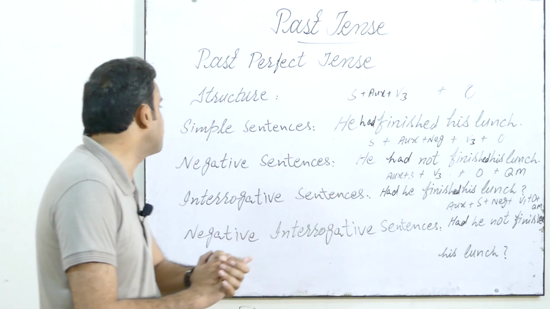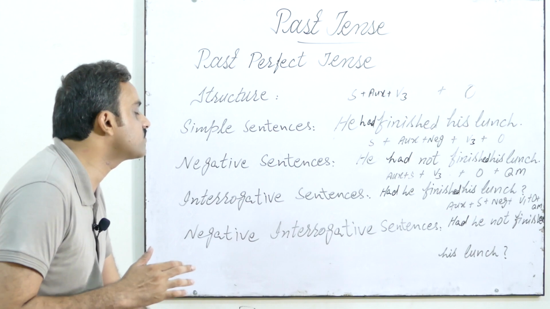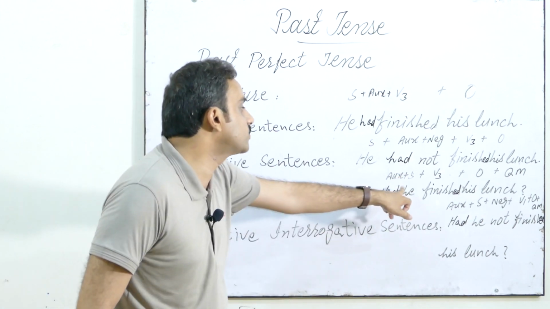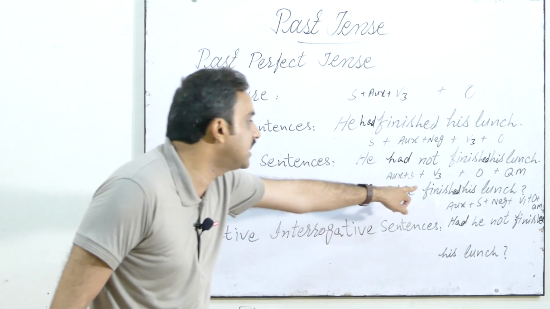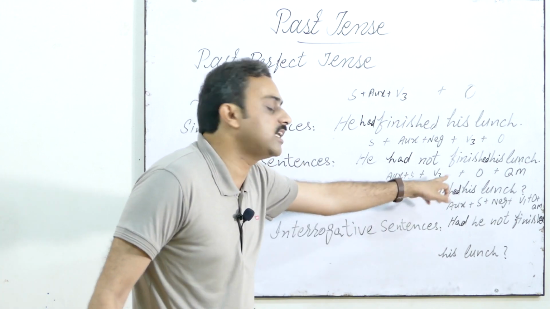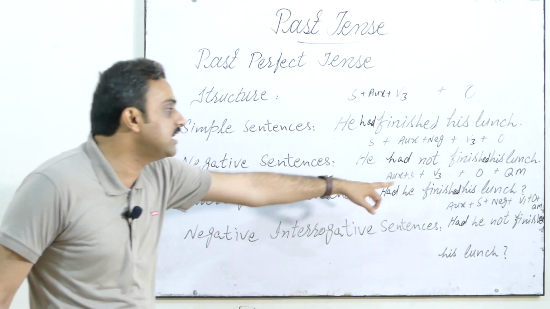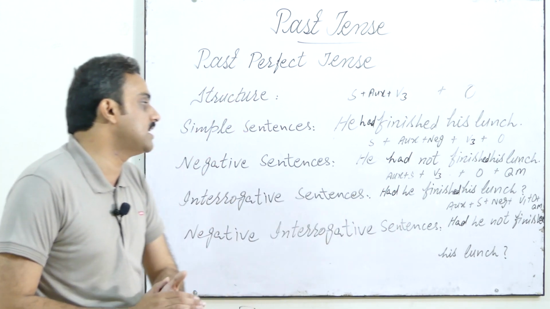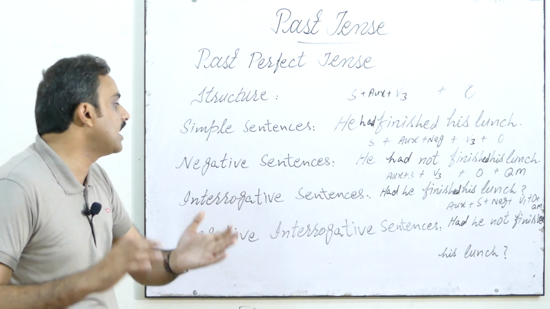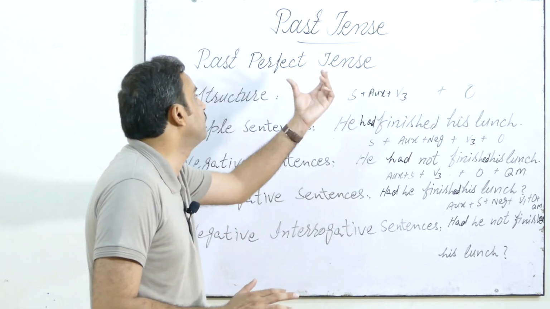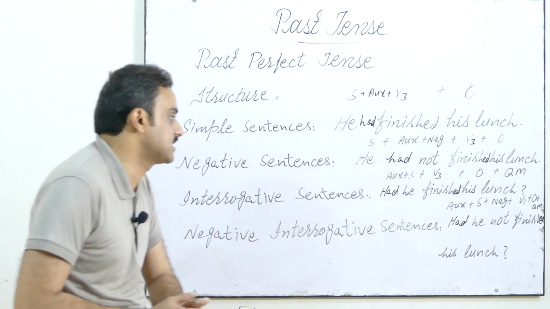Okay, in past perfect tense, the interrogative sentences first of all carry the auxiliary, the subject, V3, meaning third form of verb, object, and question mark. "Had he finished his lunch?" shows the interrogative sentences of past perfect tense.